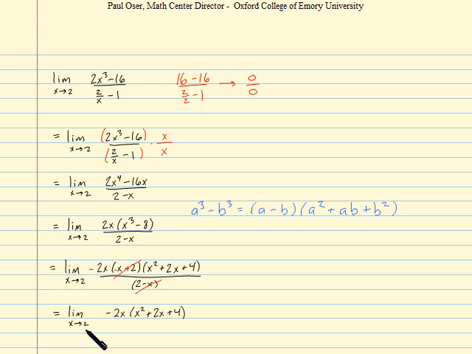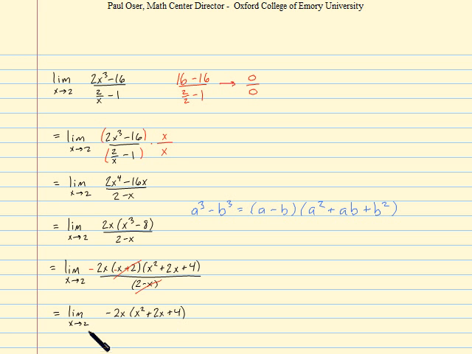The limit as x approaches 2 of negative 2x times this quadratic piece. Notice there's no denominator. There is nothing that will cause a 0 in our denominator anymore because we don't have a denominator anymore. Okay, if we were to simply plug in 2, we are looking basically at a polynomial. Polynomials are continuous functions.